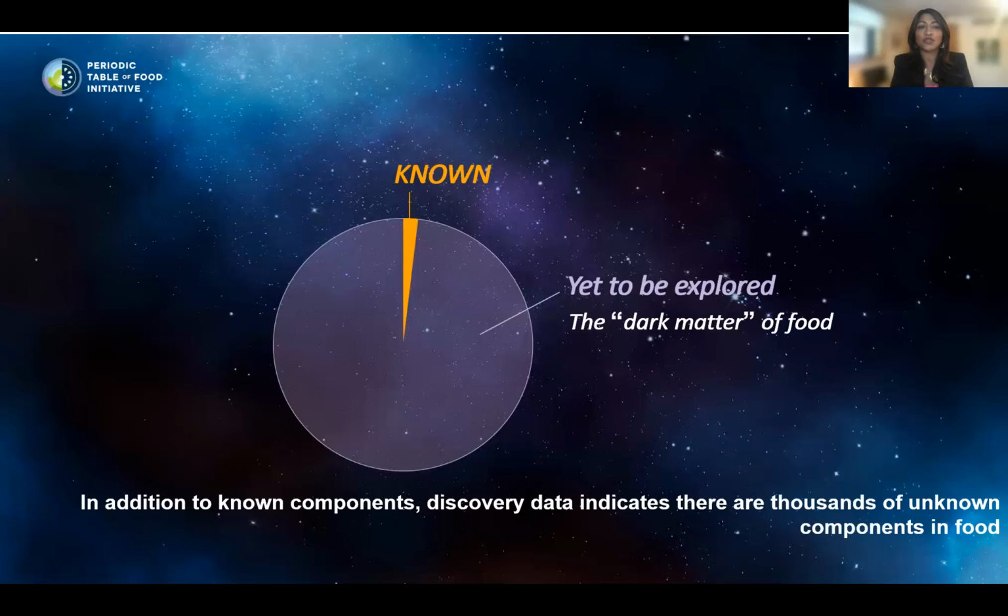And then in addition to the known components in food, discovery data also indicates that there are thousands of unknown components in food. This is the dark matter yet to be explored.